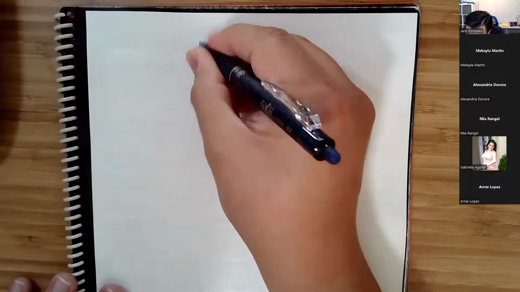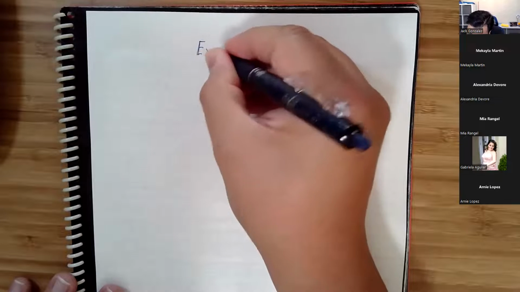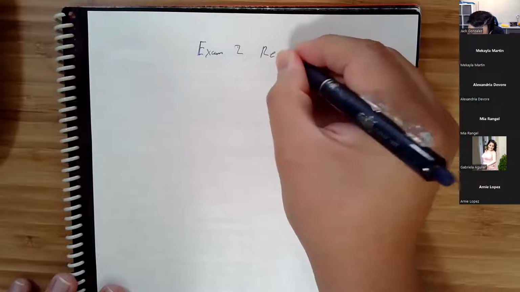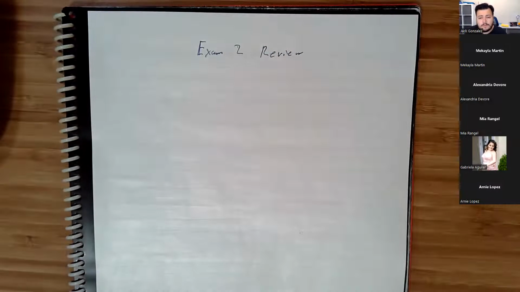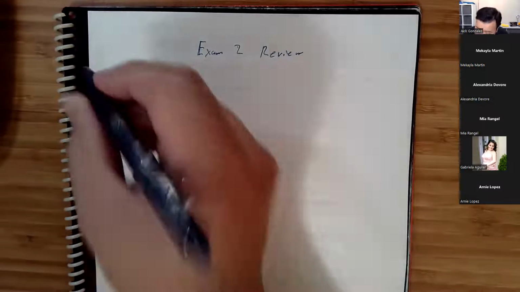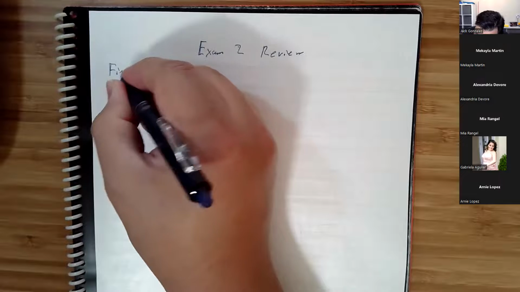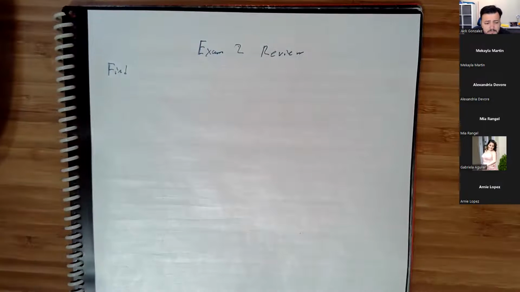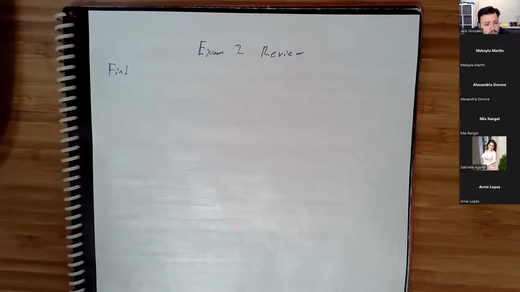Okay, so let's start actually writing stuff down here. Exam 1 or 2 review. Number 4.